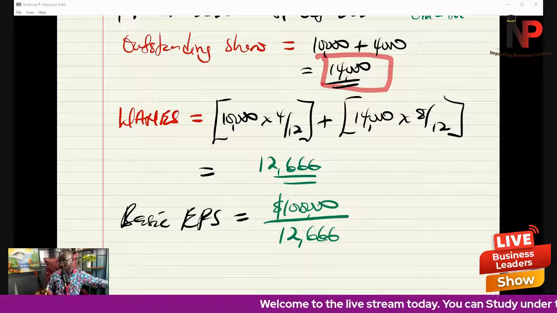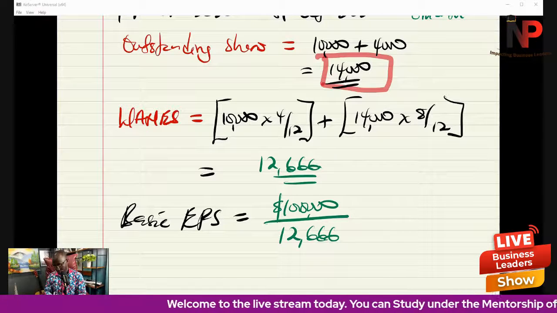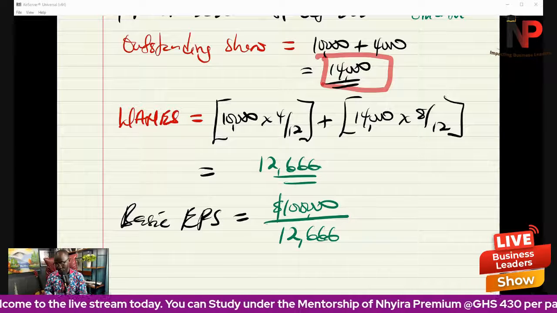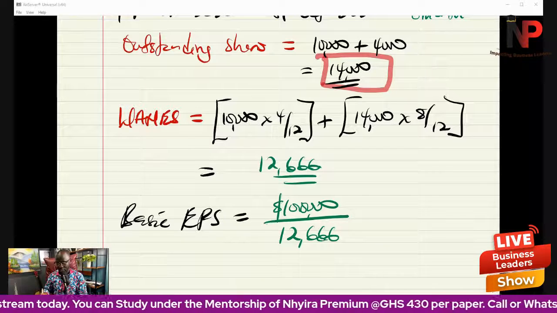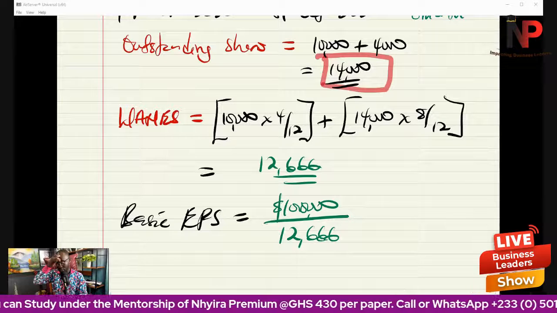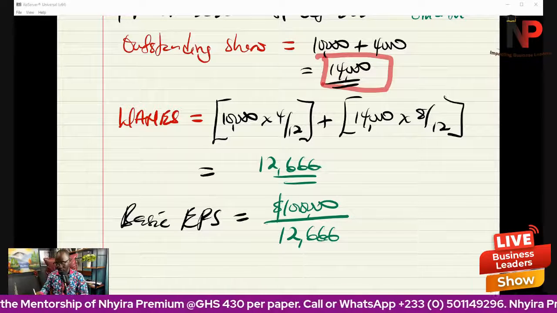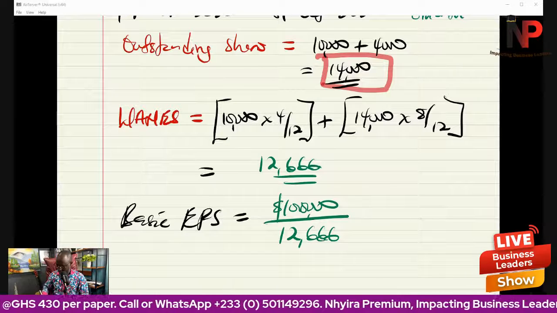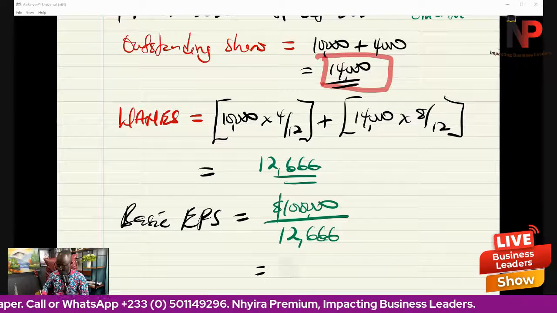So let's punch that out. 100,000 divided by 12,666, and that is 7 point maybe 90 dollars, $7.90.